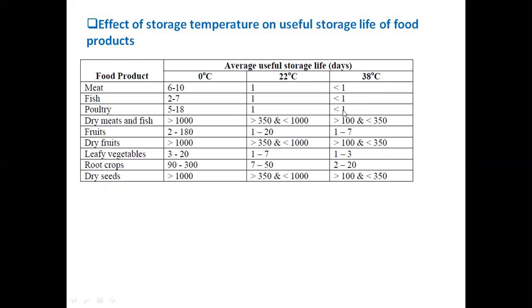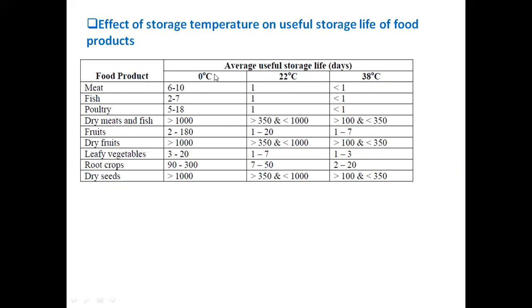If temperature is controlled up to 22 degrees Celsius, or in a region where the average temperature is low, like some northern parts of India, you still find that the life is not significantly improved, and your products may get spoiled within a day or within a week or two, right?